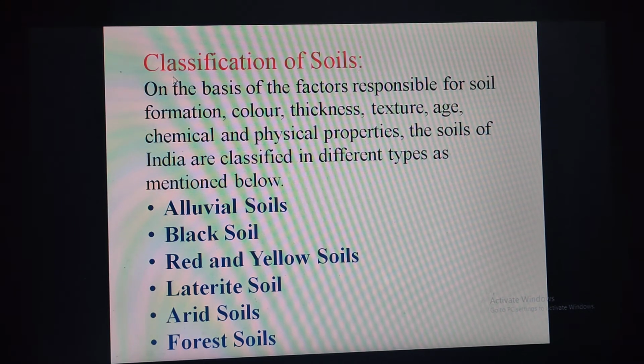So now as we are learning about soil, there are different types of soil which we can see. So we are going to learn. Here is the classification of soil.